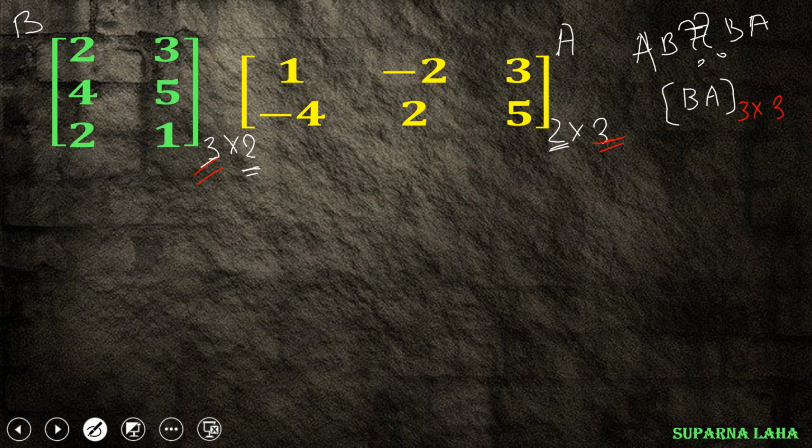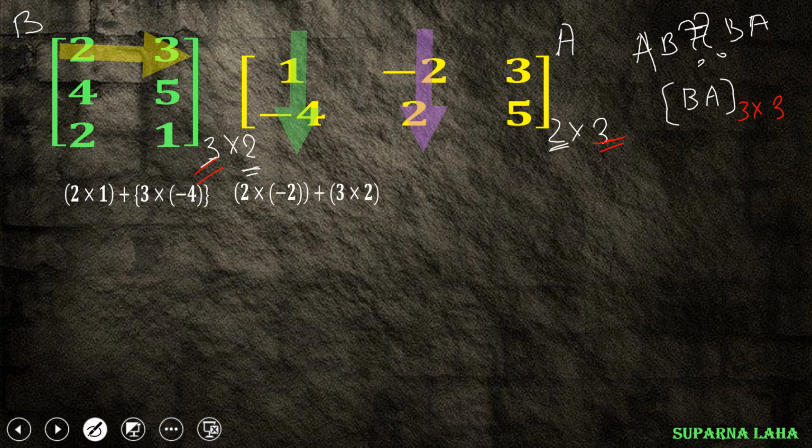Okay, now let's write down its elements. First row with first column: 2 into 1 and 3 into minus 4. First row with second column: 2 into minus 2, 3 into 2. First row with third column: 2 into 3 plus 3 into 5.